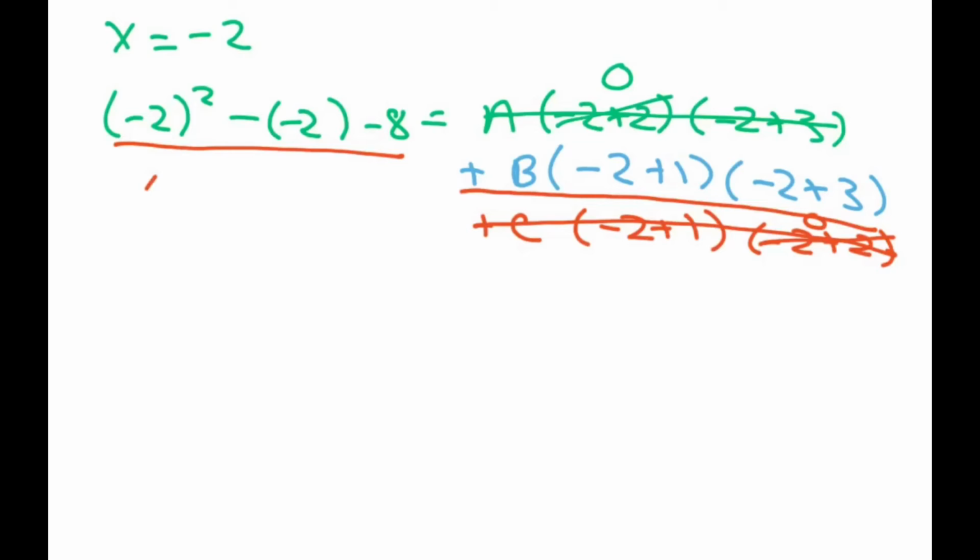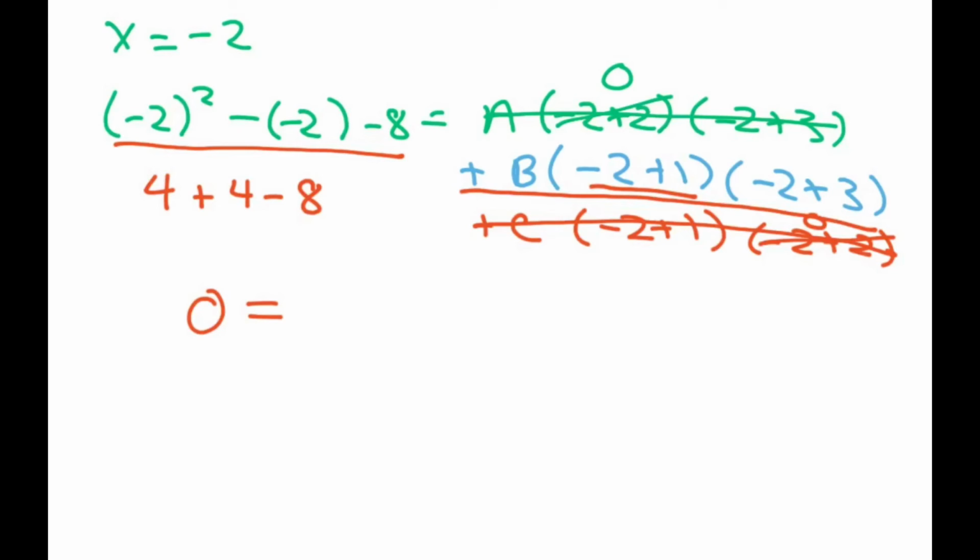So all we have to do is find our b now and fix all that up. So this is 4 plus 2 minus 8. This should have been negative 2.